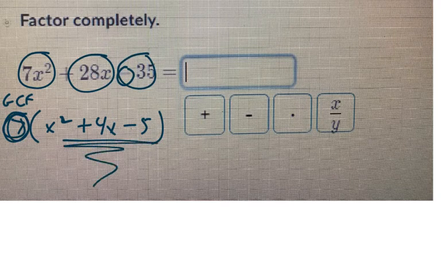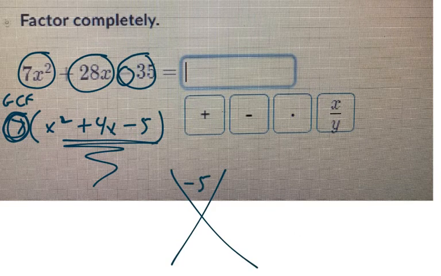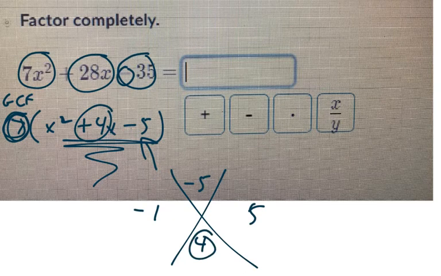Now, look how much easier this is, guys. This part, we'll go ahead and do the x method. We know we need a negative 5, and we need, of course, the 4 as a sum in the middle. 1 times 5 would give me 5, but I need a negative 5. 5 minus 1 is 4, and 5 times negative 1 is negative 5.